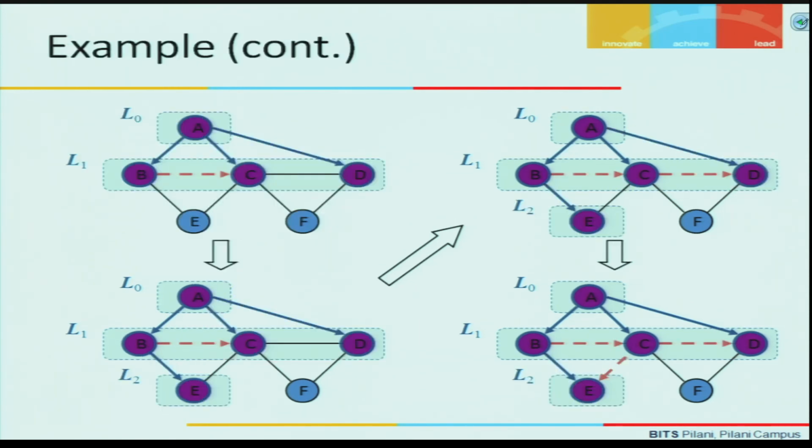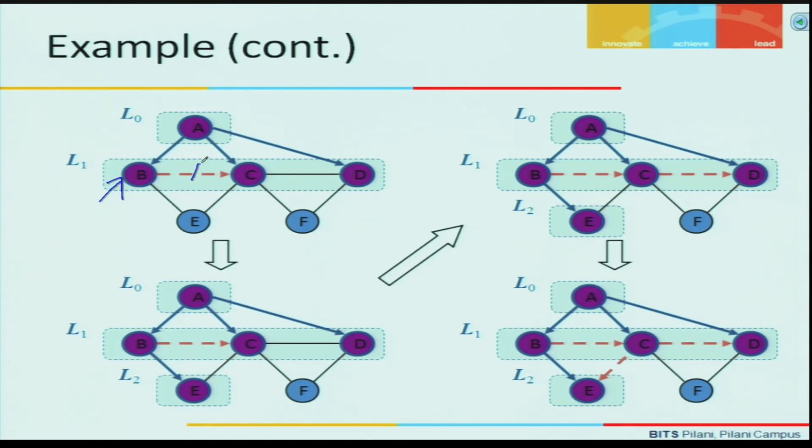Now, we will pick up L1 and pick up the first vertex in L1 which is B. Now, from B we are going to visit all vertices which are at a distance 1 from B. In this case, first we are visiting C. Now, we see that C has already been visited. So, we mark this edge as a cross edge.